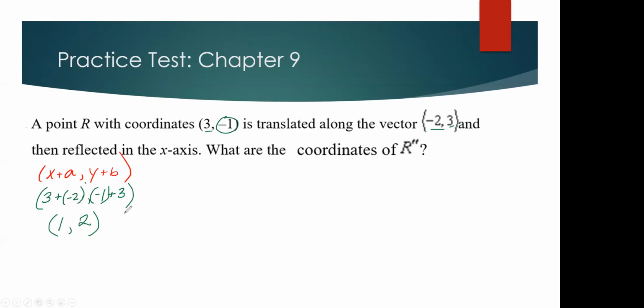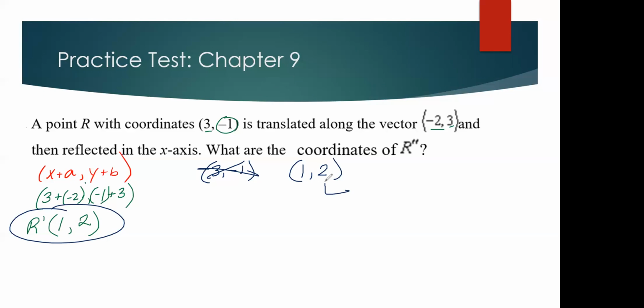Okay, so that is the translation of R, okay? But then it says, and then it's reflected over the x-axis, okay? So remember, when you reflect something over the x-axis, you multiply the y coordinate by -1. So we're using the coordinates +1, +2.